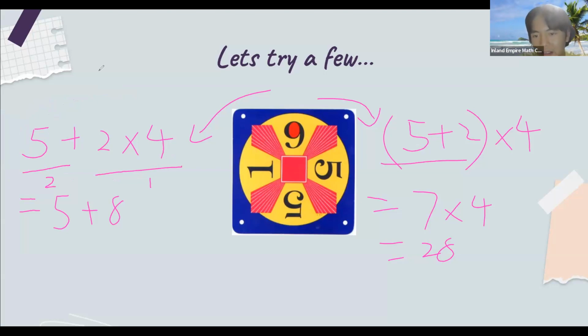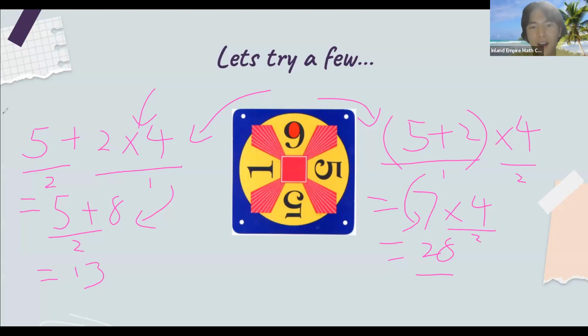So you have this first and this second. So on the left side here, you first have 2 times 4 equals 8, number 1 step, and then you add that to 5, which is number 2 step. So that gives you a 13. But on the other hand, you first do 5 plus 2 equals 7. So this is your number 1 step. And then you multiply by 4, your number 2 step. And that gives you a different answer. Does that make sense?